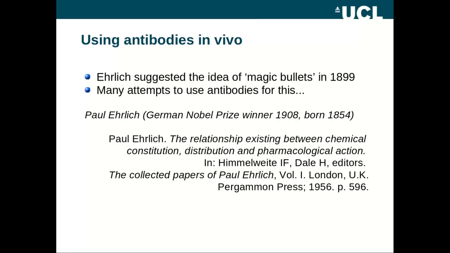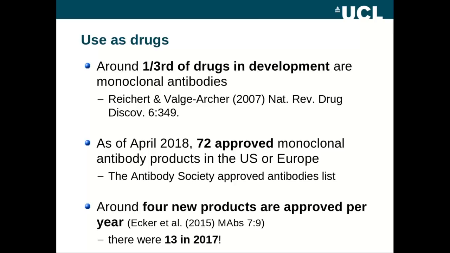In other words, drugs that would go with great specificity and affinity to a particular site in the body which needed the drug, without having side effects and affecting the rest of the body. This is exactly what antibodies do. They have this high affinity, they have this high specificity, and therefore there have been many, many attempts to use antibodies to do this.